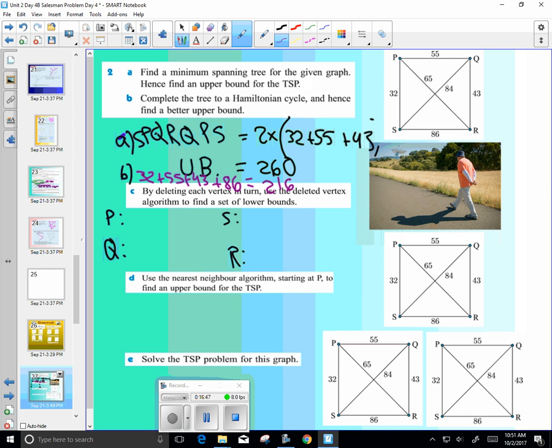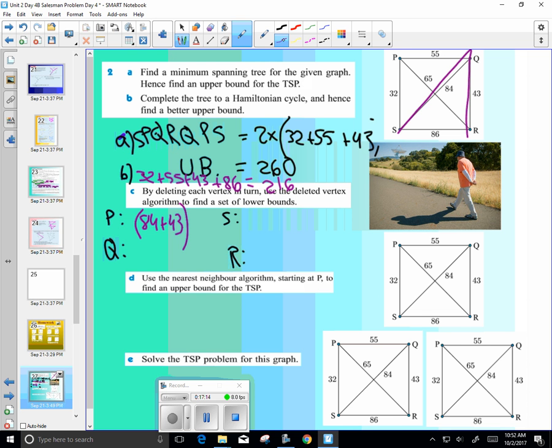So that's going to be 84 plus 43. Okay. Now you're going to need to complete the cycle. So now you're going to do the 2 that are least from there, which are going to be what? Now you do have to make a cycle.